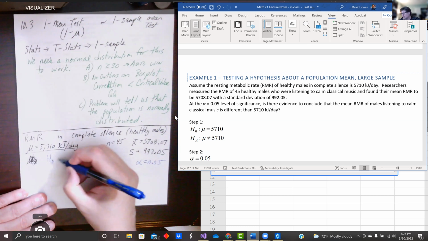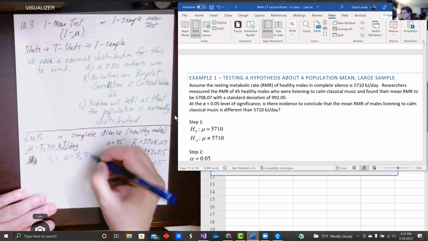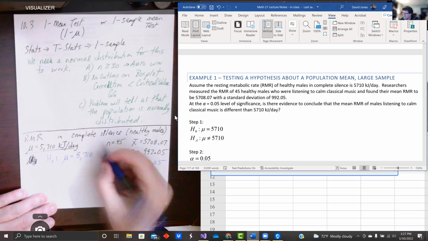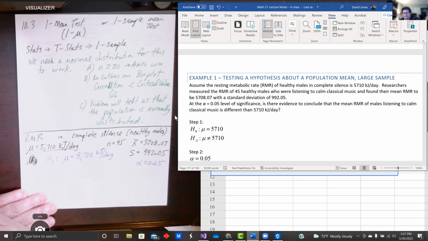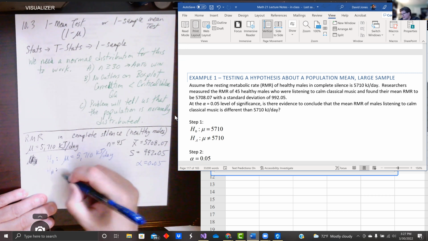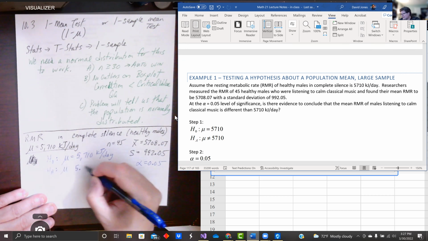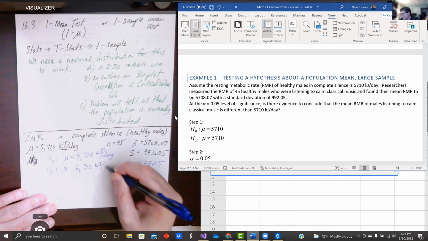That's going to be my H naught. My mean is 5,710 kilojoules per day. And they're saying it's different too. They didn't tell me that it's greater than. They didn't tell me that it's less than. So different than, we're going to go with not equal to.